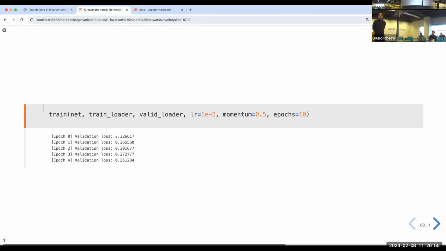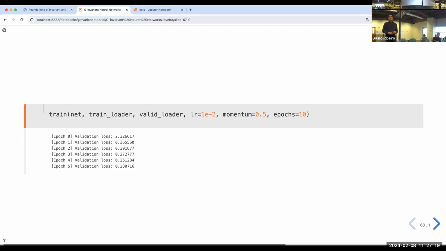I'm just giving you a general recipe for building G-invariant, G-equivariant networks. So whatever transformation group you are interested in, as long as it can be mapped into the linear group, you can do this. And it's quite easy.